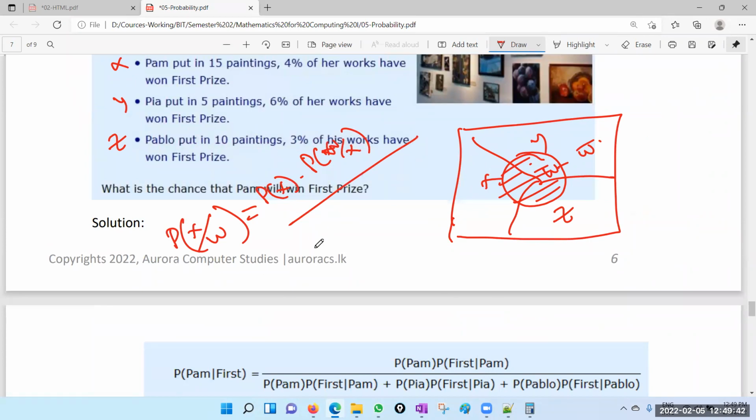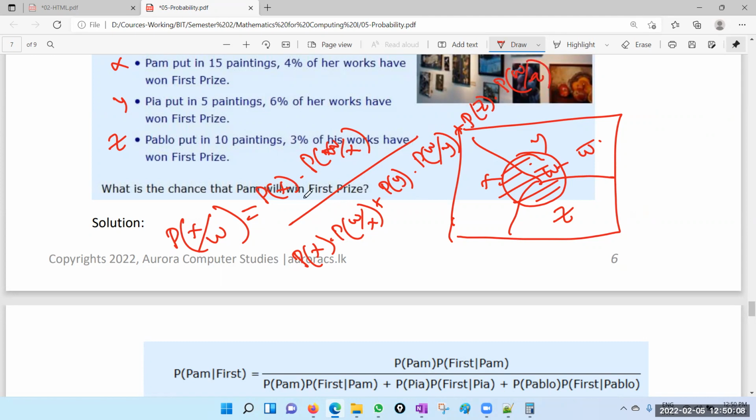Then we need to add the others too: probability of X into probability of win given X, plus probability of Y into probability of win given Y, plus probability of Z into probability of win given Z.